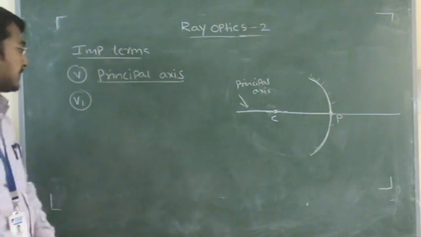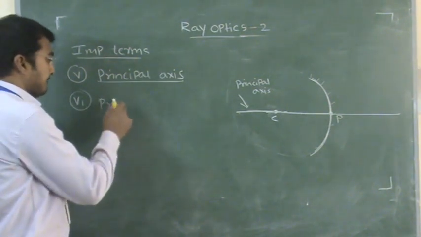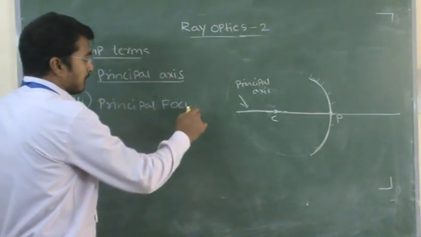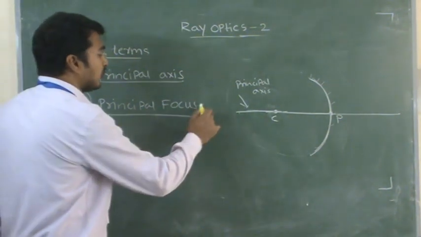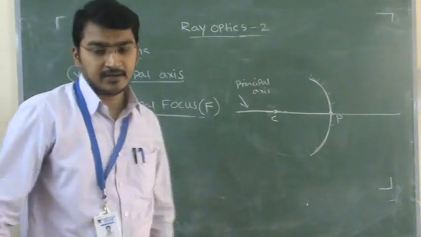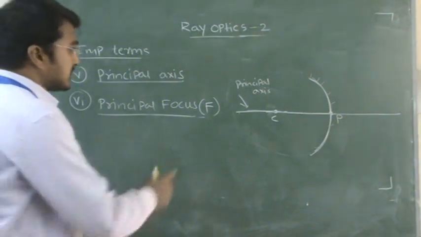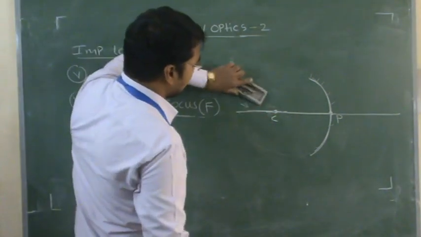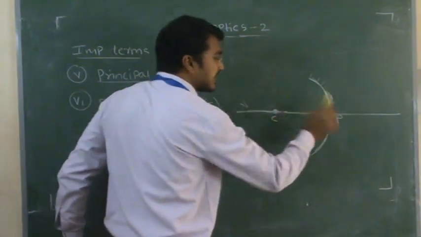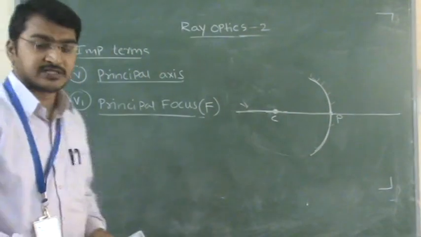Next, coming. Principal focus. Principal focus is indicated with capital F. Now, this is a principal axis. I said, remember, this line is called principal axis, which is passing through both C and P. Now, what is principal focus?